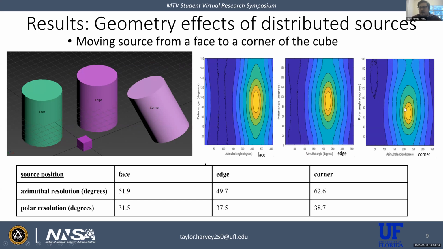But if you did it, you would see this change in both the shape and the resolution, both polar and azimuthal for both of these cases. And again, I'll point out that the azimuthal resolution doesn't change too much when you shift it around the detector azimuthally, but it does change when you shift it in a polar direction, as in here.